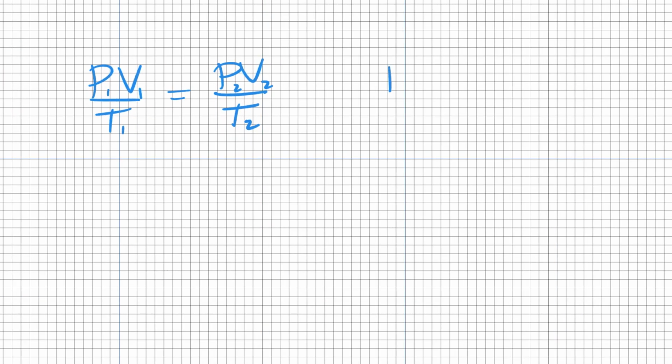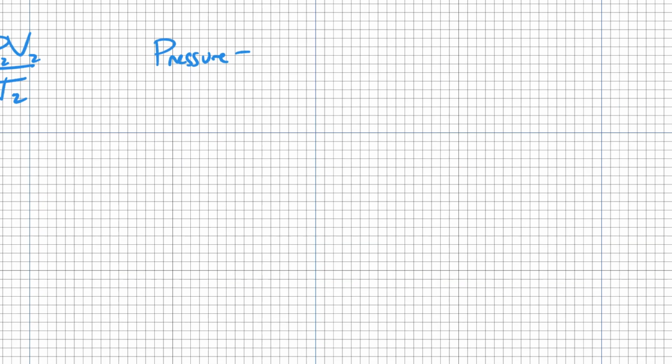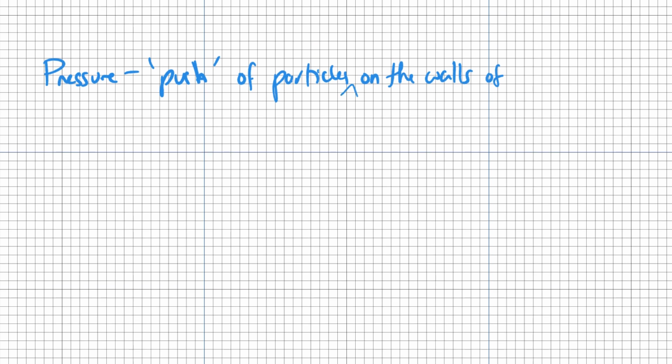And if they were to define pressure, they would say it's the effect, or the quote unquote push, of the particles in a fluid on the walls of the container. I don't really know chemistry, but they might say something like that.